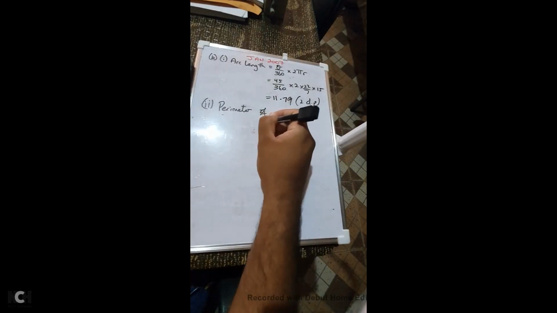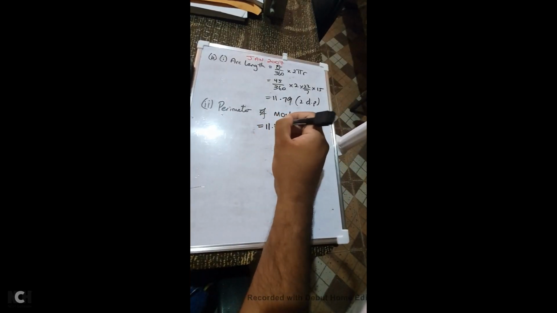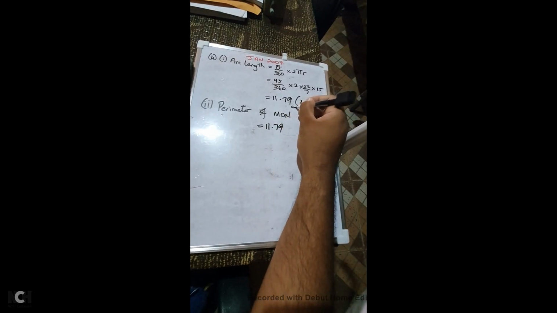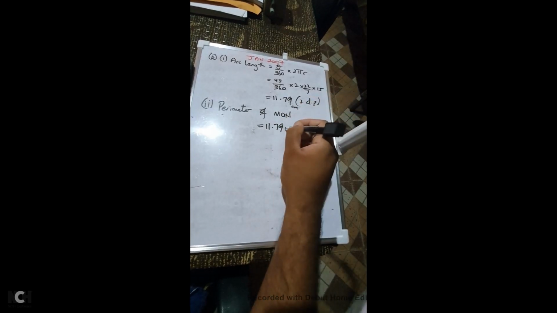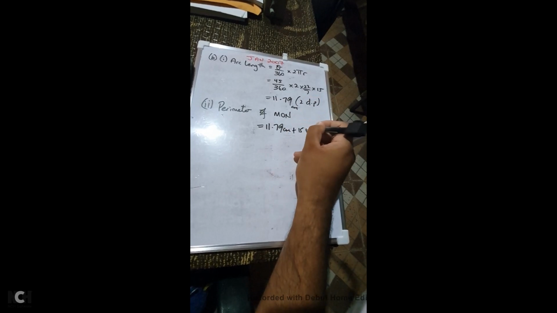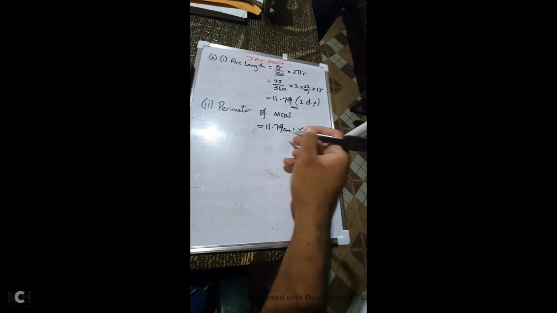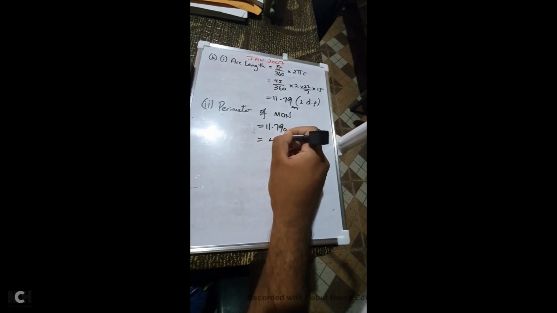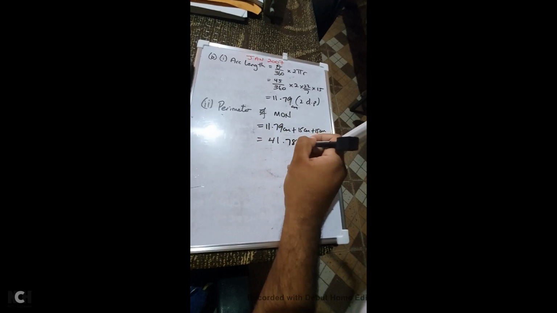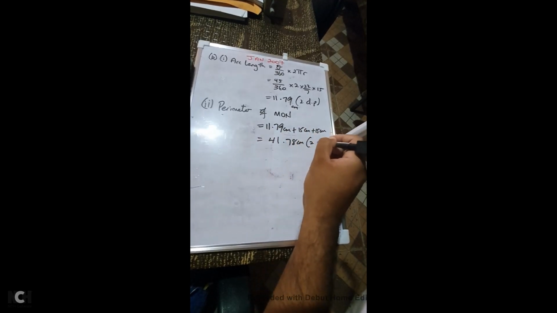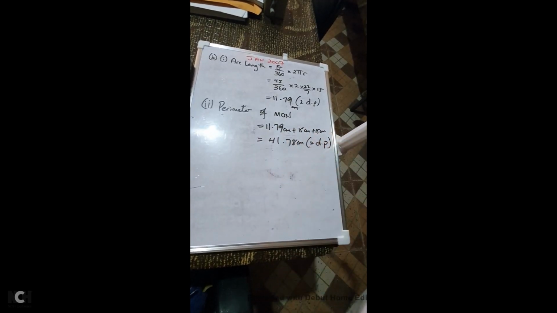So in that case, it will be 11.79 centimeters plus 15 centimeters plus 15 centimeters, which will give us 41.79 centimeters, to 2 decimal places.